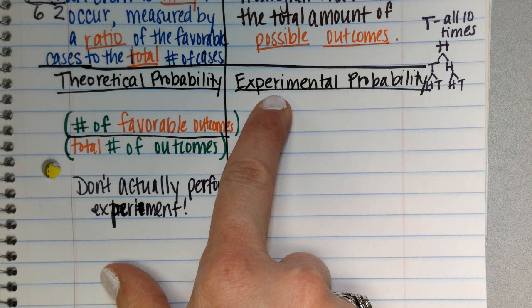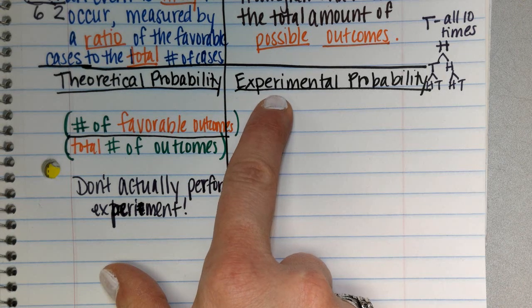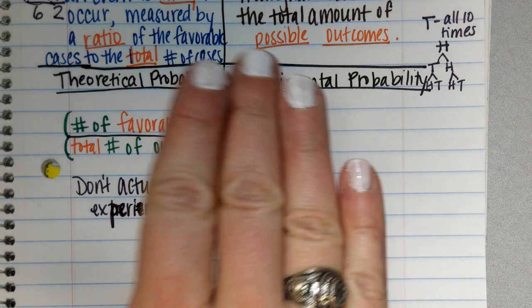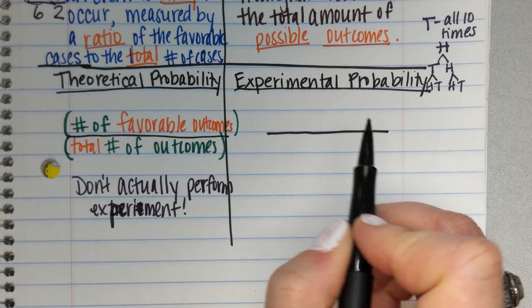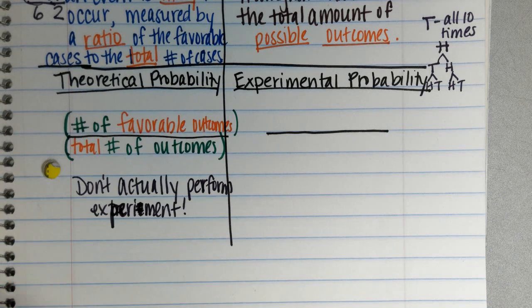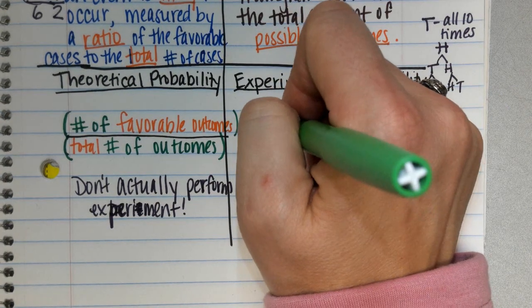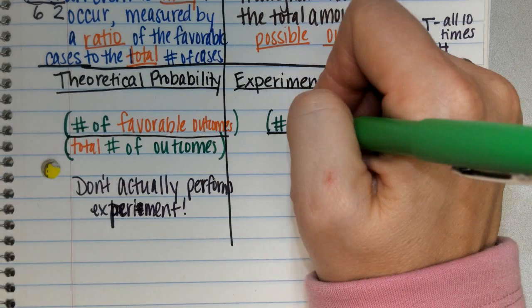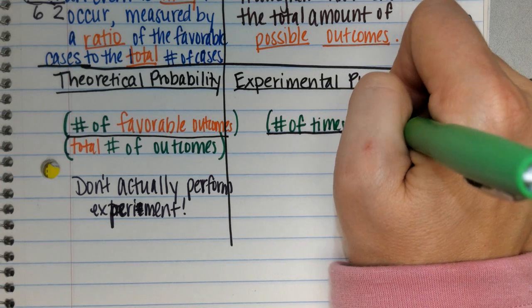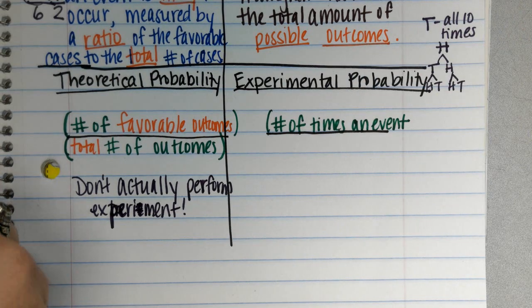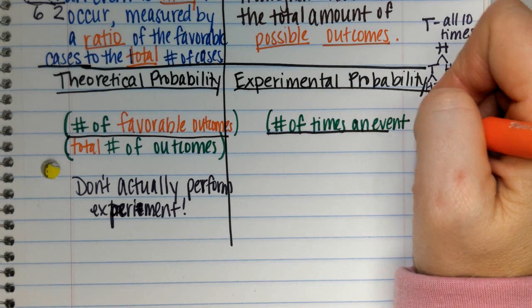On the other hand, the other kind of probability is called experimental probability. Do you think we're going to actually do an experiment to get this answer? You betcha. Okay? So experimental probability, you end up with a ratio answer, just like you do in theoretical, but it's the number of times an event occurs, like you actually do it.